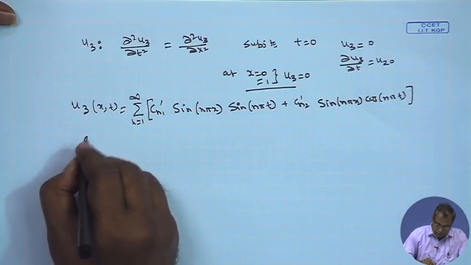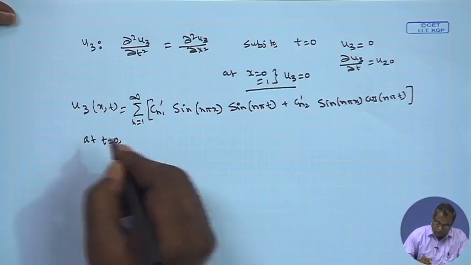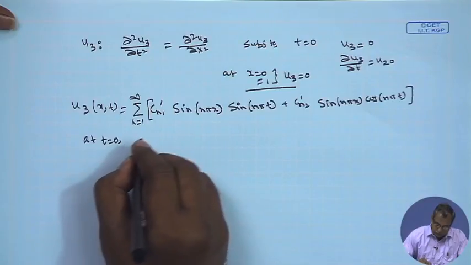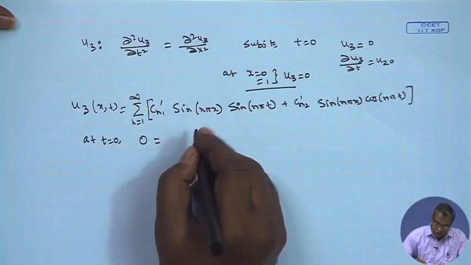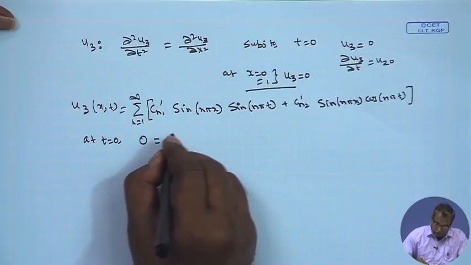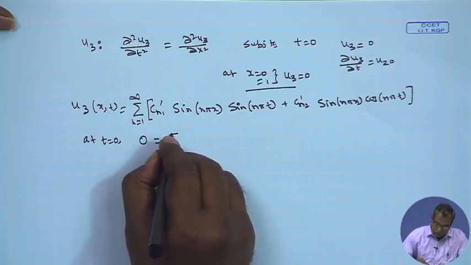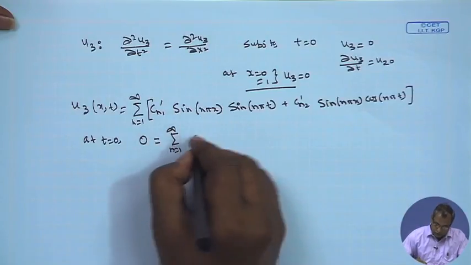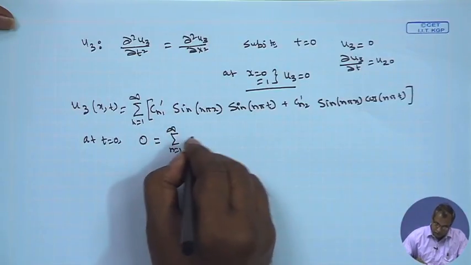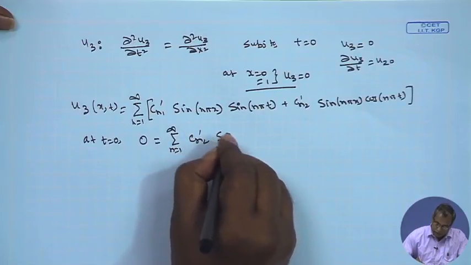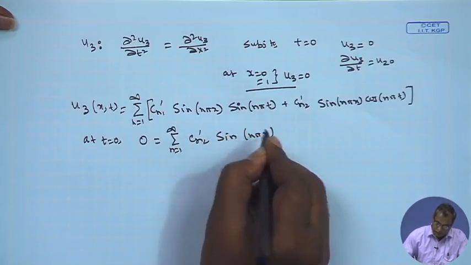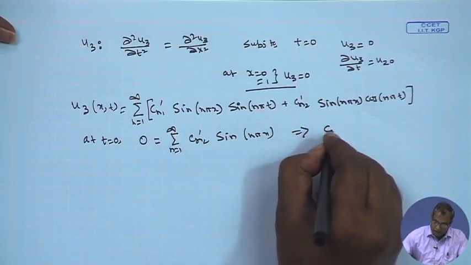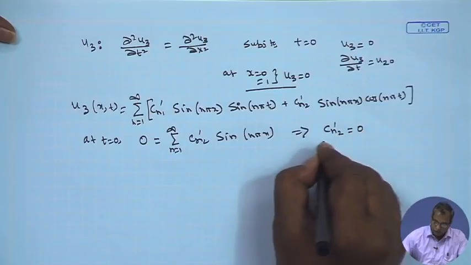So, at t is equal to 0, u 3 is equal to 0. So, this will be equal to 0, and summation n is equal to 1 to infinity, sin 0 is 0. So, c n 2 prime sin n pi x. Now since this coefficient is 0, the associated constant will be equal to 0.